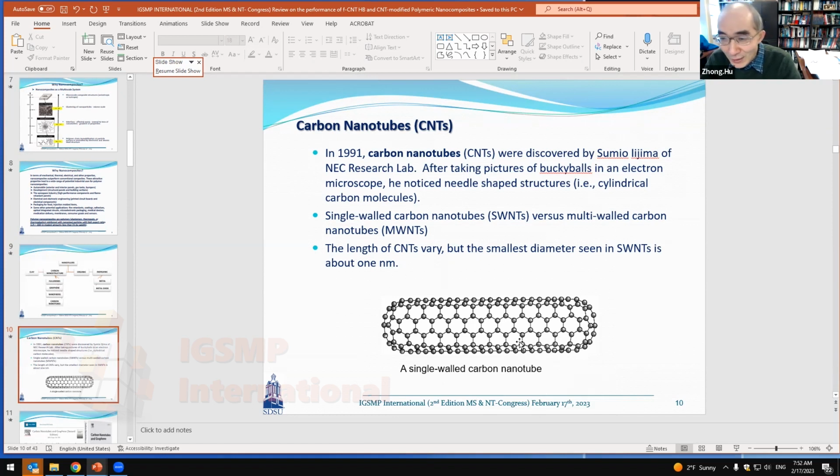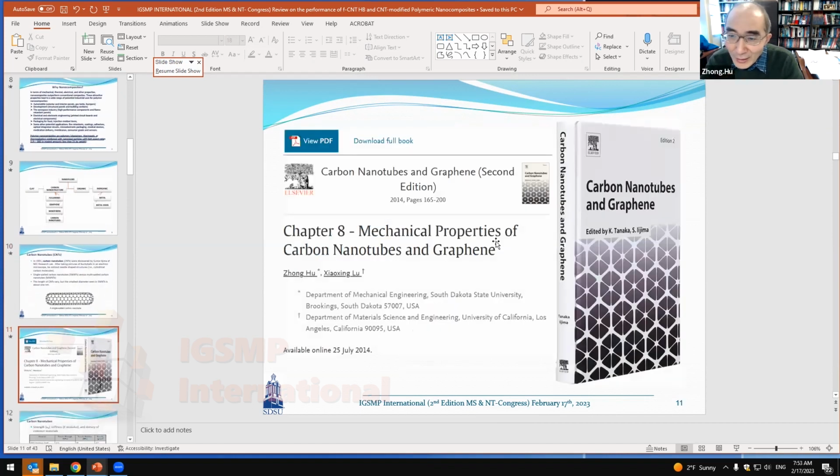For example, we have single wall carbon nanotube, double wall, triple wall, and multi-wall carbon nanotube. About 10 years ago, I wrote a chapter on the mechanical property of carbon nanotube and graphene, and the editor was Iijima, so I contributed the mechanical property for the filler.